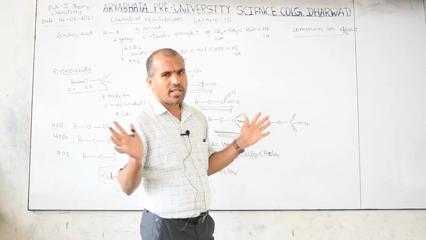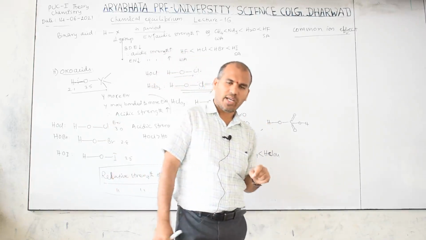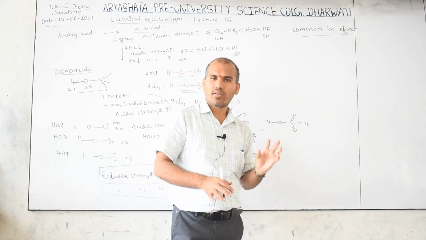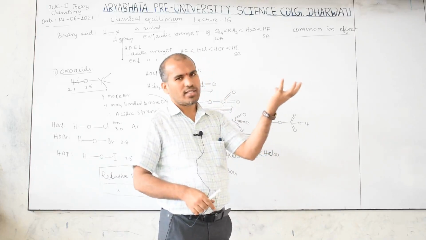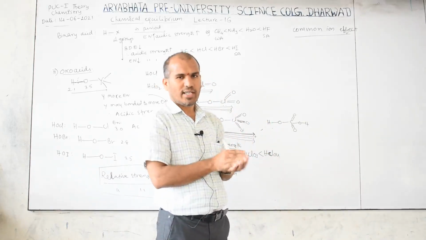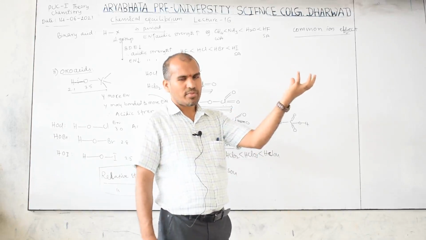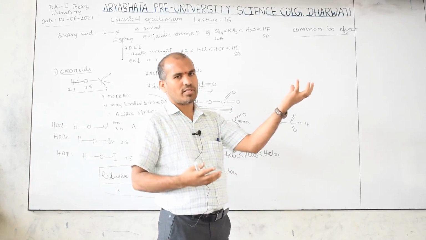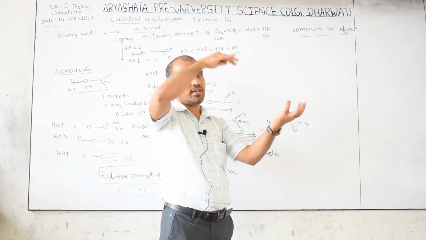Simply it indicates that a common ion is added to a weak electrolyte, either a weak acid or a weak base. Now consider that we have a weak electrolyte, that may be a weak acid, that is acetic acid. So acetic acid is present. Acetic acid dissociates very little, less than 5%. Then we add HCl.